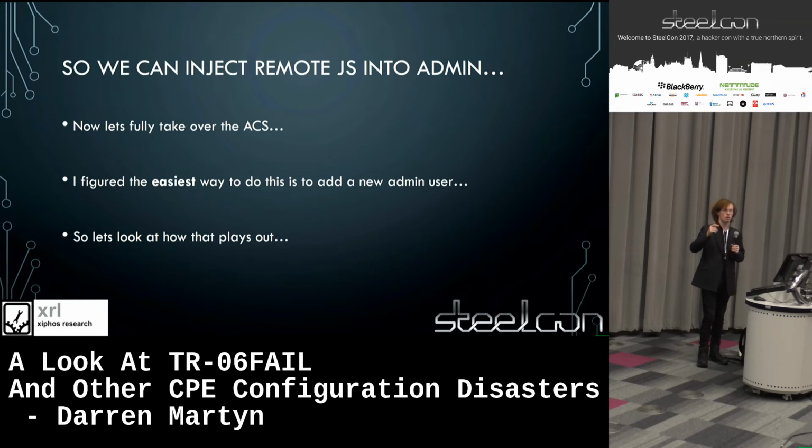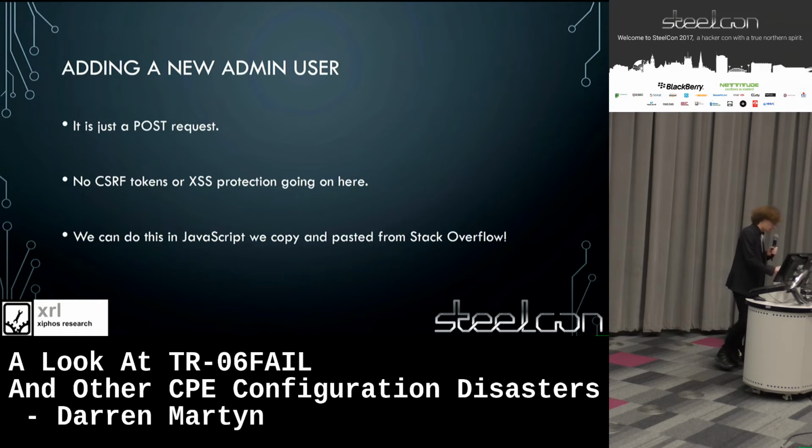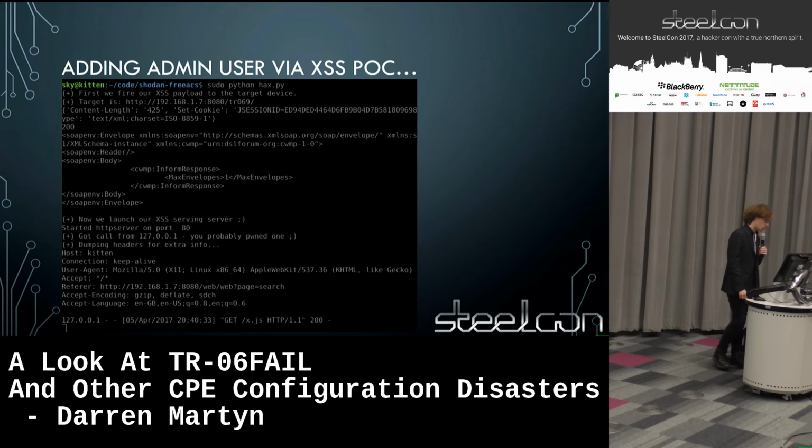So I thought to myself, I could either write a big blob of JavaScript to do some shit, or I could just write some small bit of JavaScript by copy and pasting from Stack Overflow because my threat model's a 12-year-old, and just add a new admin user by sending a post request. So I looked at this, and yep, there's no CSRF or XSS protection or whatever the fuck. So we go to Stack Overflow, we copy and paste an XMLHttpRequest example, and we make ourselves a nice payload, and it works.